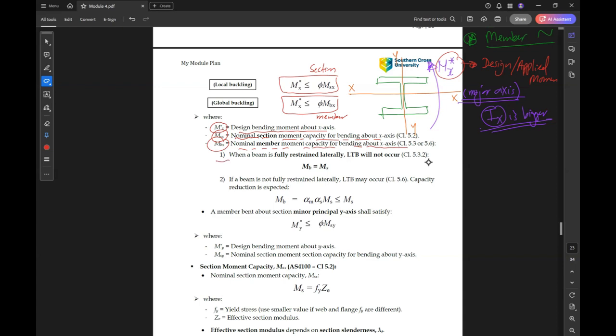We have two cases for member capacity. The first is when the beam is fully restrained against lateral torsion buckling, so lateral torsion buckling will not occur, and MB equals MS. So the member capacity equals the section capacity if lateral torsion buckling is prevented.